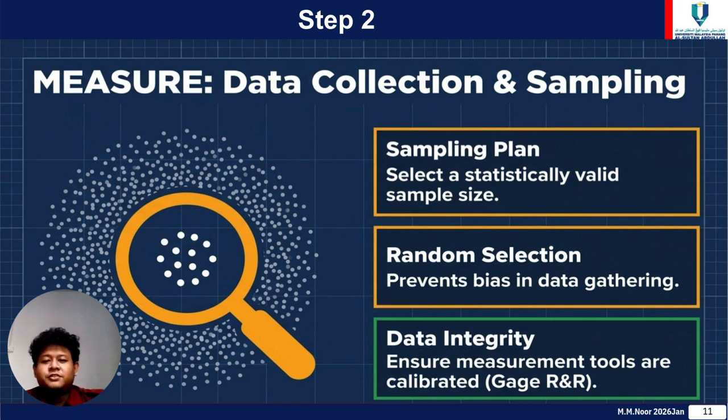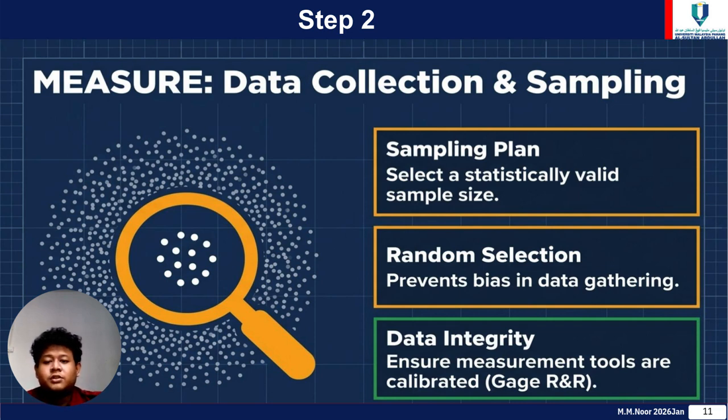Step 2 of the measure phase is defining our data collection and sampling strategy. We cannot simply gather data haphazardly. First, we must design a sampling plan that selects a statistically valid sample size to represent the entire population accurately.